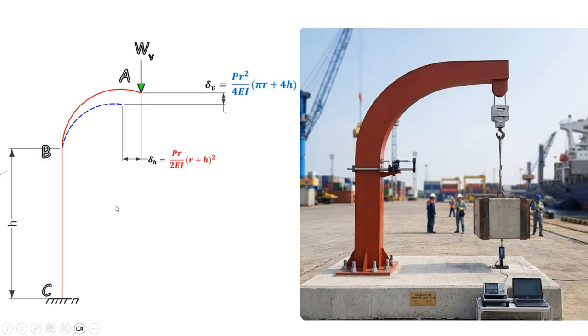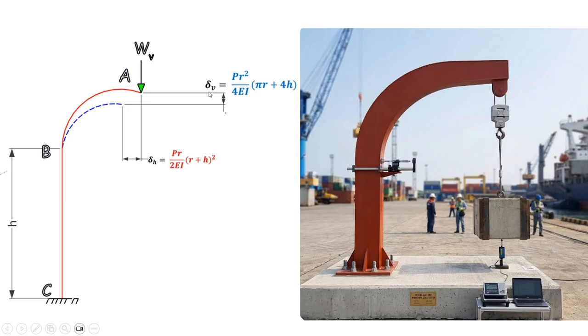So commonly used in the shipping yard, as well as this resembles the shape of the lamp post. And also you can see that these types of structures could be used for the industrial steel sheds.